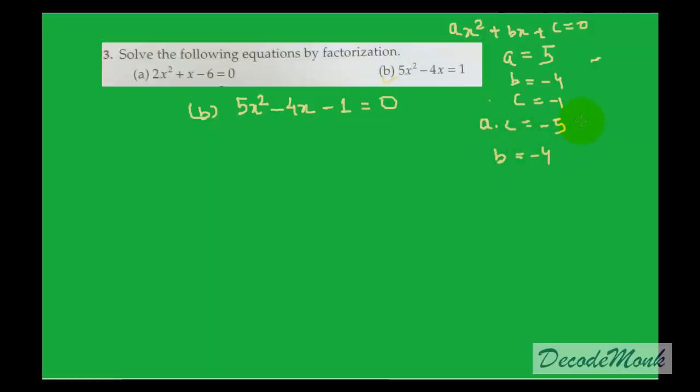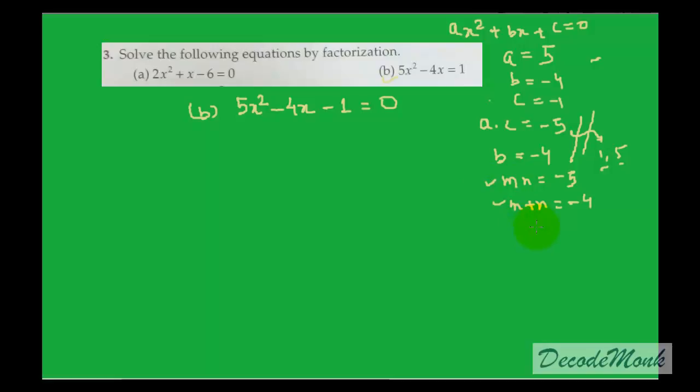So now if you see this clearly, the factors of 5 are 1 and 5 only. If you see this carefully, you have to find m into n equals minus 5 and m plus n equals minus 4. You have to find such m and n so that this will help to factorize ultimately.